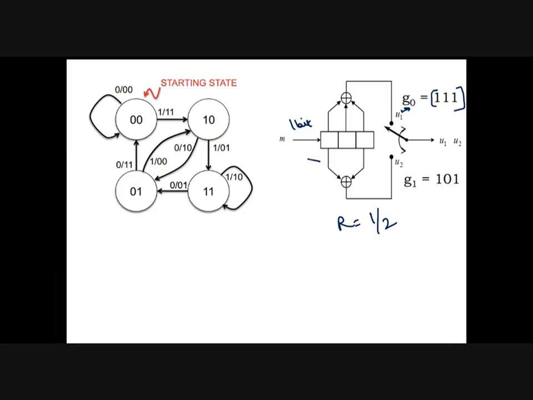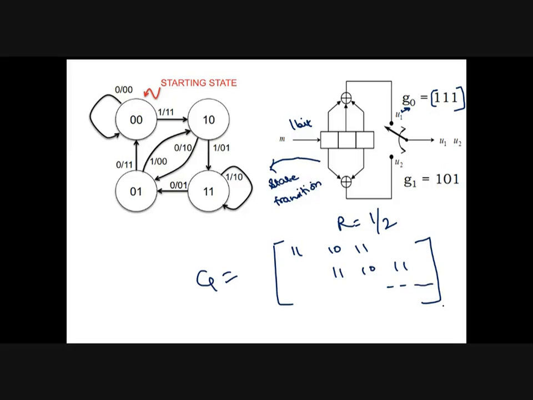Using this, we can make a state transition diagram, or directly make a generator matrix as already discussed. The generator matrix will be 1 1 1 0 1 1, then shifted 1 1 1 0 1 1 and so on. It will be a semi-infinite matrix. So we have found the convolution code word using either of these techniques.